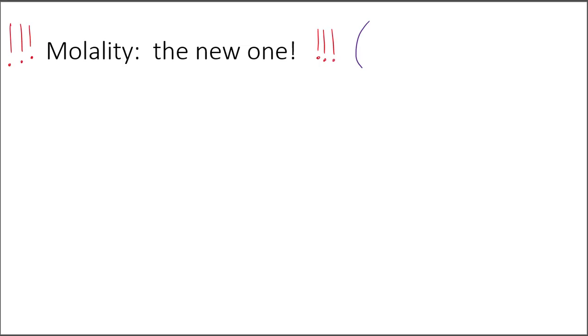Just be aware that for me, it is lowercase and cursive. When I have to write it in an exam or something like that, I usually just make it italics. So just be aware, this lowercase cursive m is the abbreviation for molality. And again, I make it really ridiculous looking in my handwriting. It's just italicized in print.